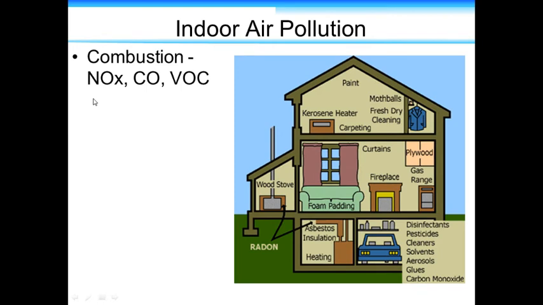So we also combust material inside. Wood stoves, any kind of heaters that use gas or perhaps kerosene. Those molecules, then NOx and the carbon monoxide and the volatile organics can build up.